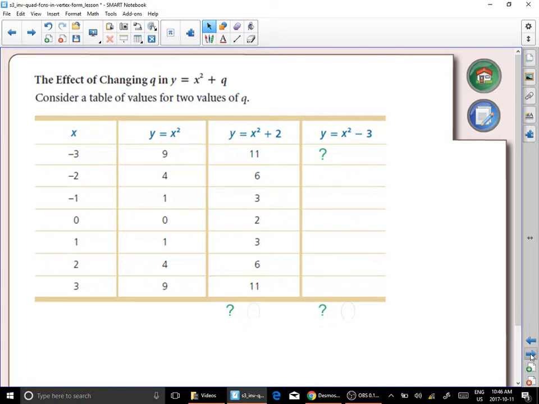So if we were to graph this, we would graph the points (-3, 11), (-2, 6), (-1, 3), (0, 2), (1, 3), (2, 6), and (3, 11).